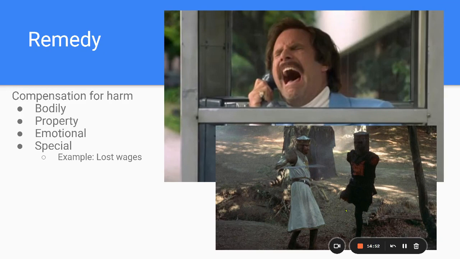If you are injured and you are unable to do your job, then you could sue for your lost wages. If Preston is a construction worker who needs the use of both arms and both feet, maybe you do heavy equipment operating and now you have lost the use of at least one of those limbs, right, you can sue for lost wages.